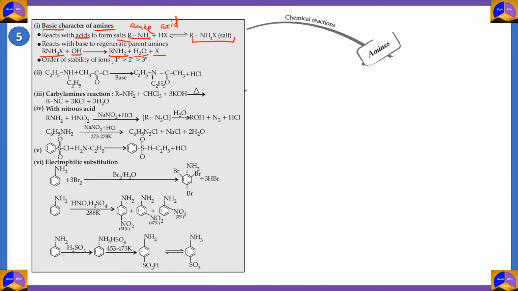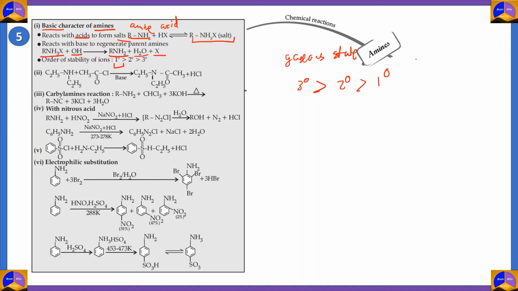The order of stability of the ions in liquid phase is primary amines greater than secondary amines greater than tertiary amines. This is due to the intermolecular hydrogen bonding. However, in the gaseous state, tertiary is more stable than secondary, which is more stable than primary.